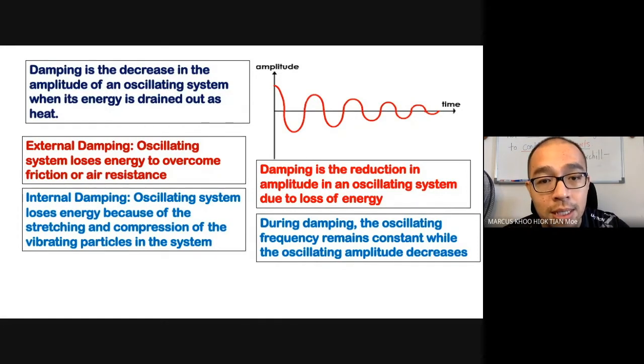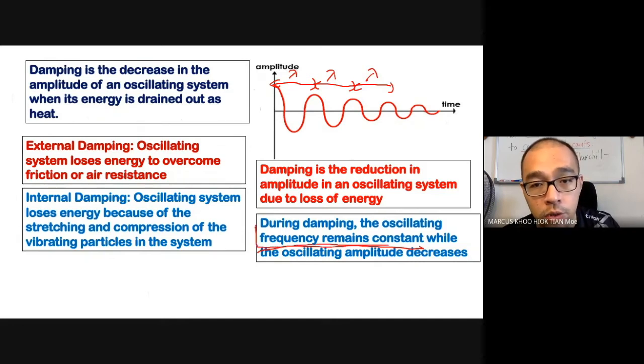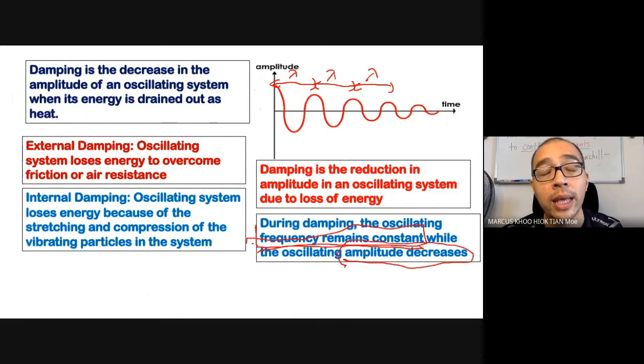The frequency is the same, because the wavelength, technically, is the same distance. So highlight this in your notes. The frequency remains constant, but the amplitude decreases. A lot of people think that when amplitude decreases, the frequency also decreases, which is not true.